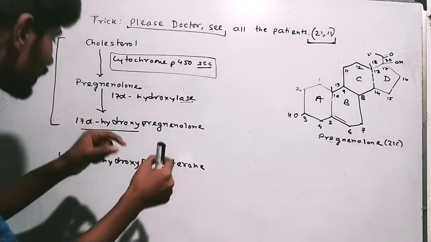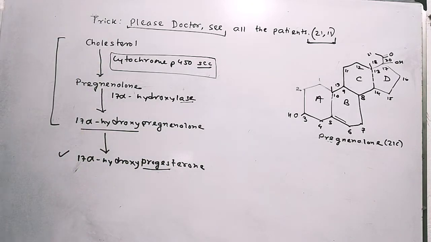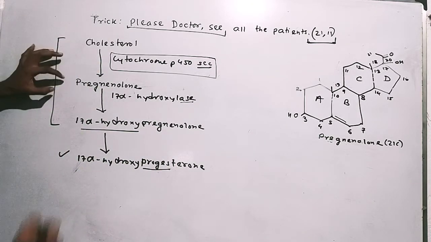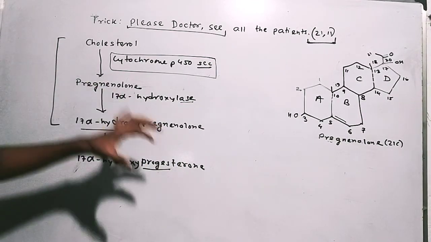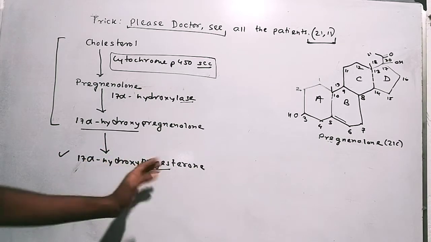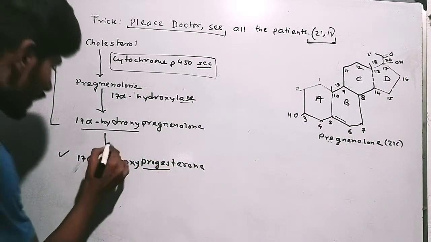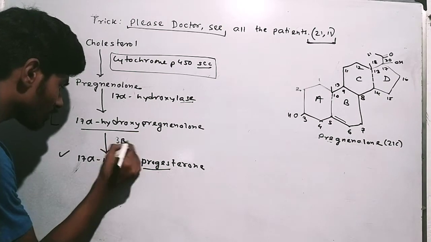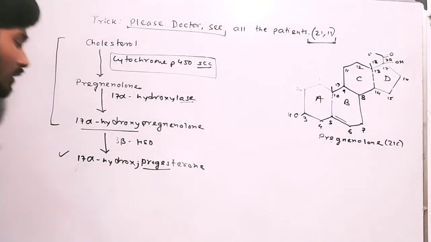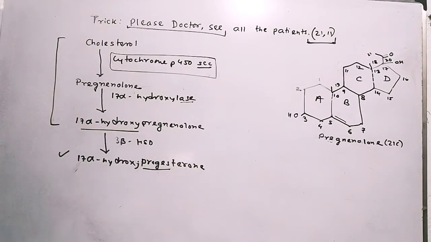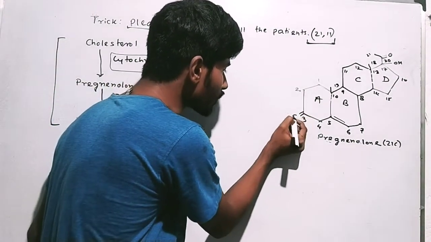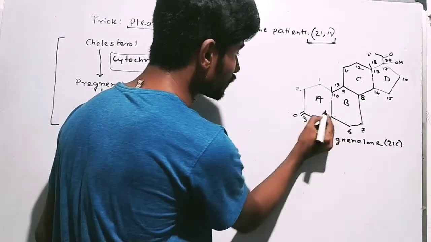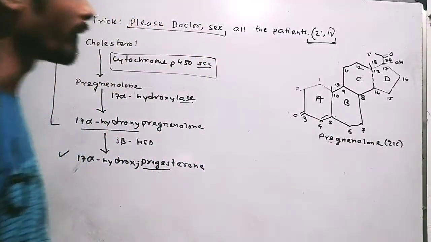There is a little change in the sequence of reactions here. The same enzyme, 3-beta-HSD, converts 17-alpha-hydroxypregnenolone into 17-alpha-hydroxyprogesterone, by introducing a keto group here, and the pi bond is shifted to the A ring between the 4th and 5th carbon.